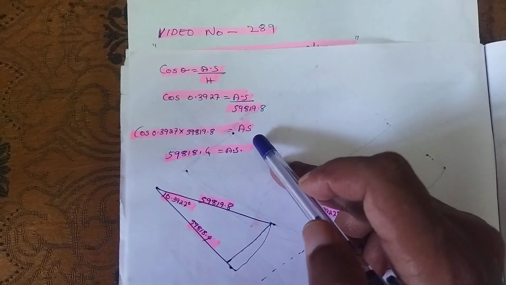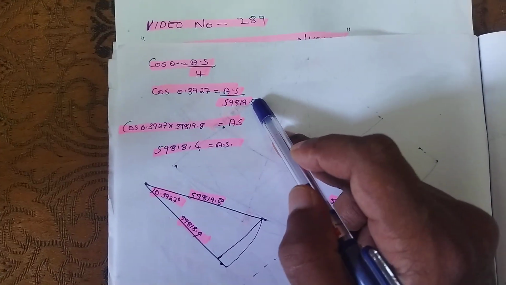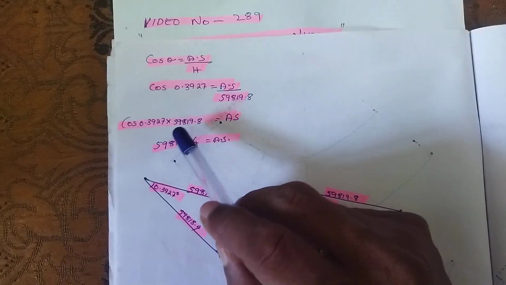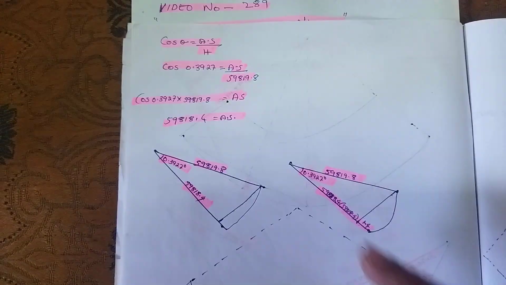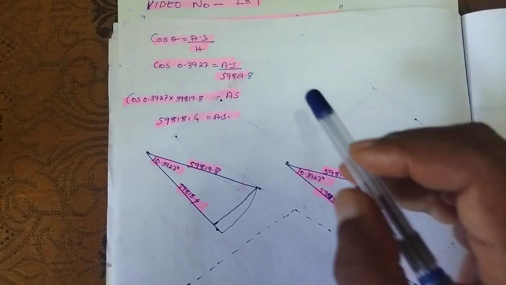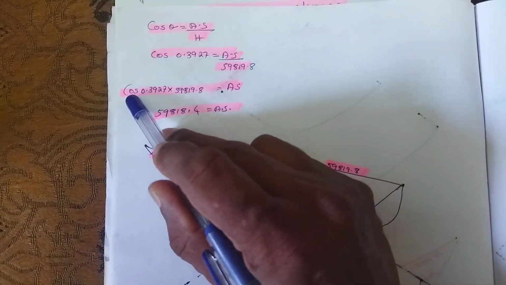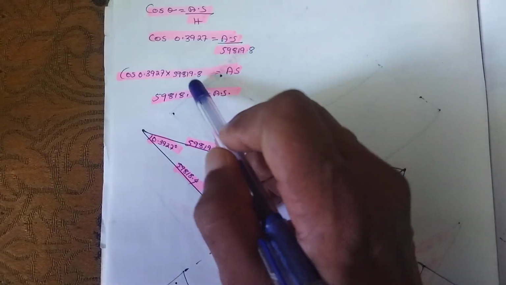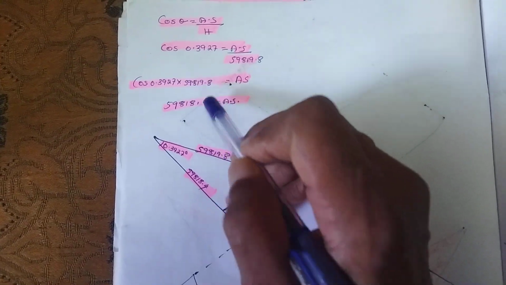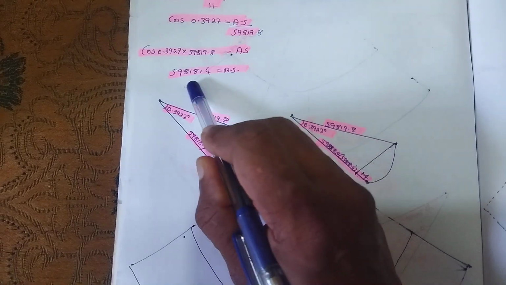We have to find out the adjacent side, so we take this 59,819.8 from the left side. It will be multiplied and will reach there. I am not describing it, it has been told in my previous episodes. So use your calculator and find out cos 0.3927 into 59,819.8. What is this measurement?